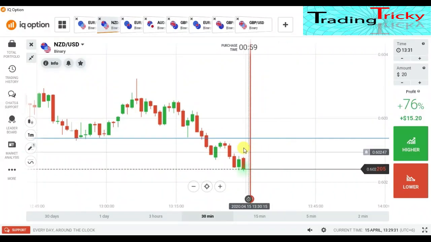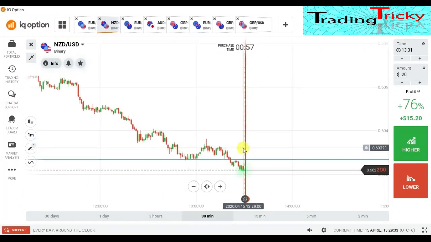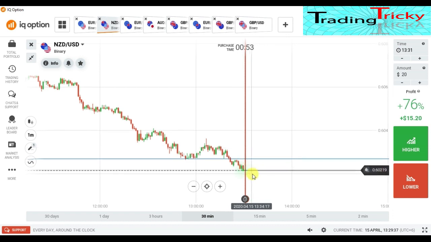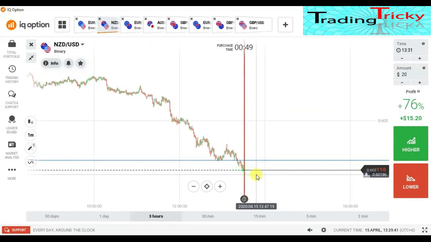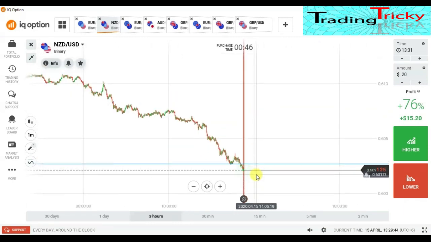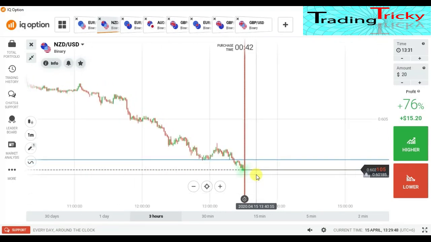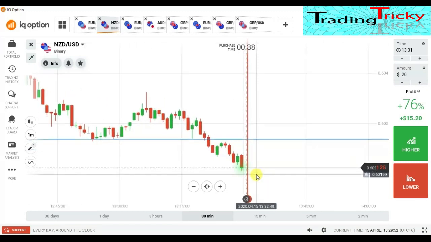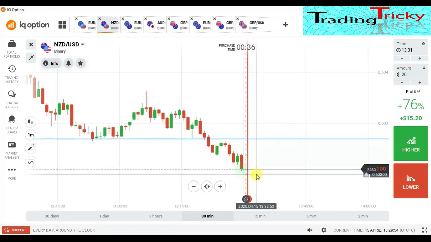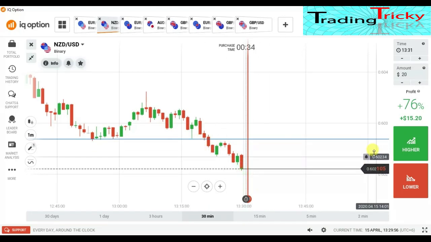Today I'm going to place some trades on different pairs by candlestick analysis. So let's start analyzing. There is a downtrend. Okay, we can see strong sellers' entry.